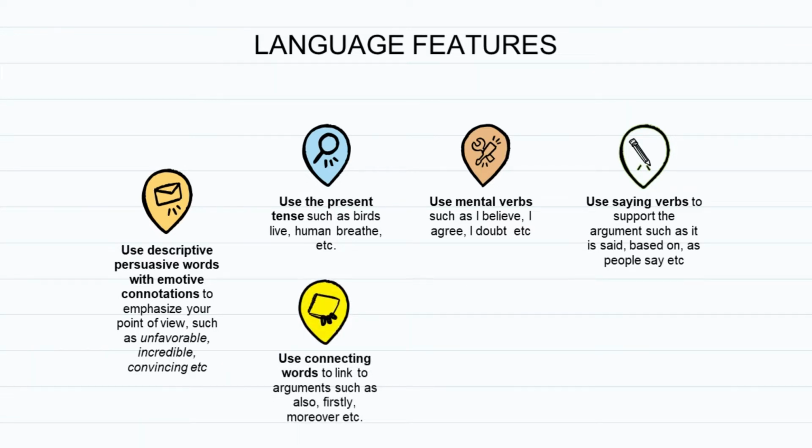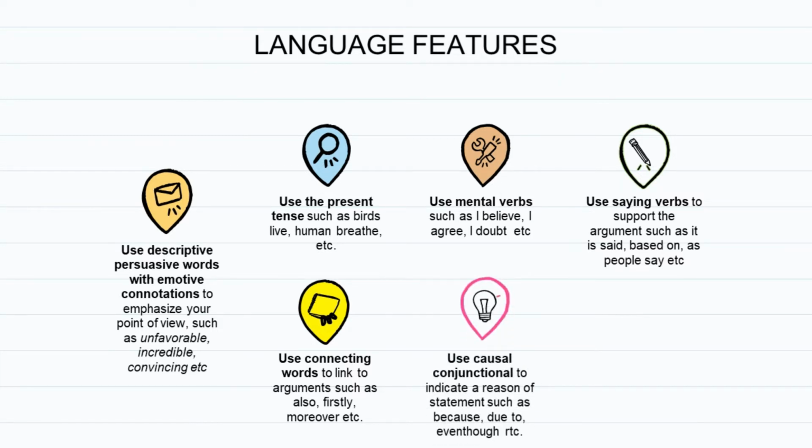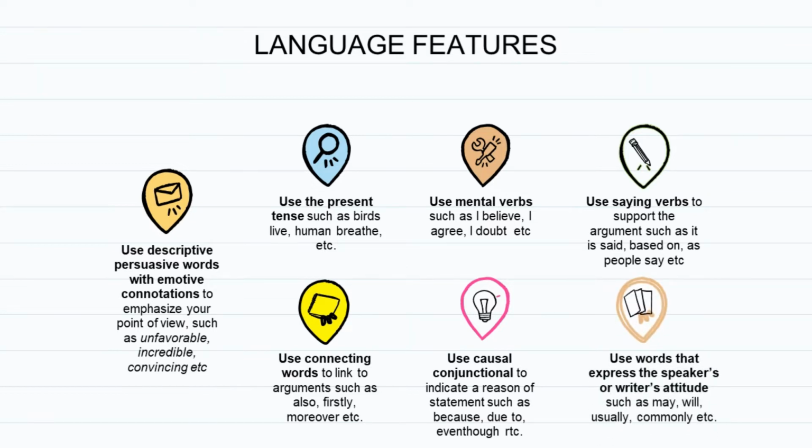And it uses connecting words to link the arguments. It also uses causal conjunctions to indicate a reason or statement. The last one is words that express the speaker's or writer's attitude.